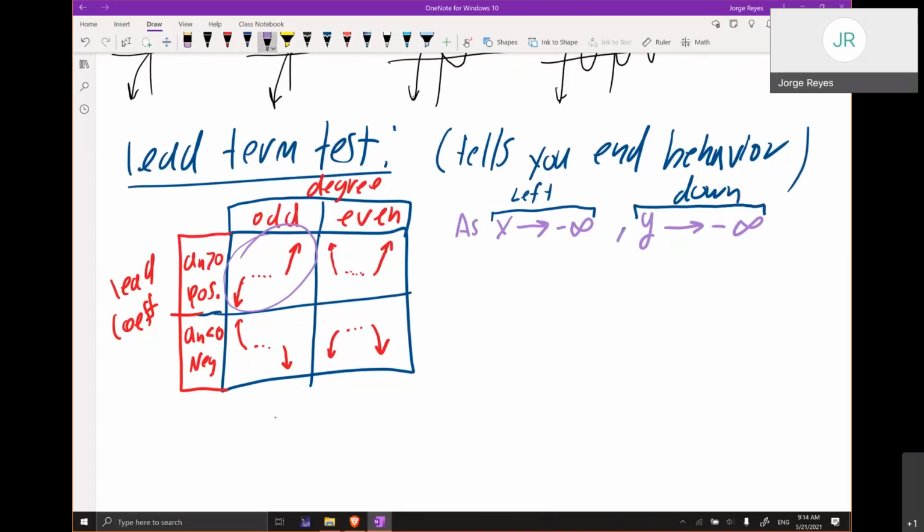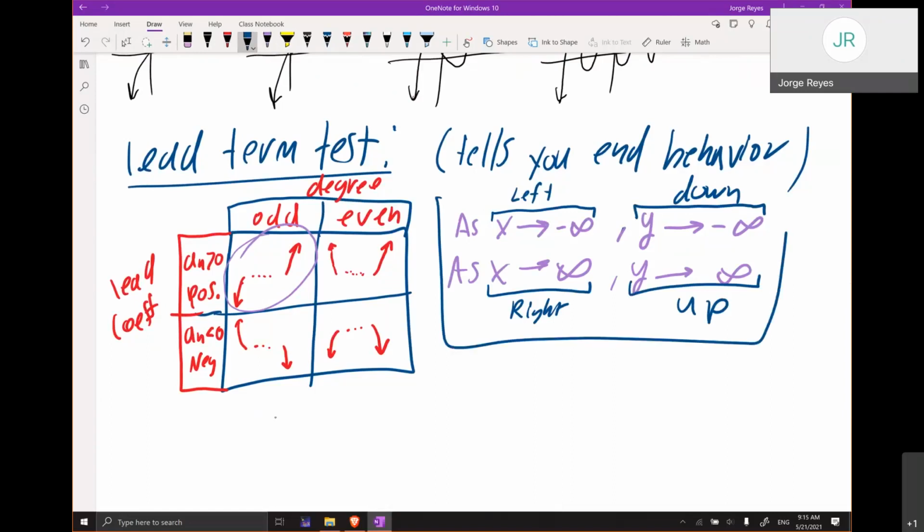And then as x goes to infinity, which just means right, as x goes right, y goes to infinity, which here just means up. So this is the math way to say what the arrows are doing.